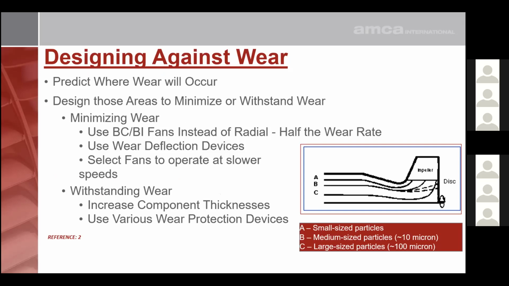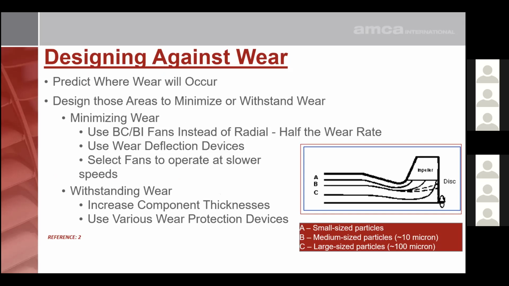As fan manufacturers, we first need to predict where the wear will occur, which is a function of the dust particle size and the type of fan selected. We then need to design those areas to either minimize the wear or withstand the wear. With regard to minimizing wear, we typically try to use higher efficiency fans like backward curved or backward inclined fans.